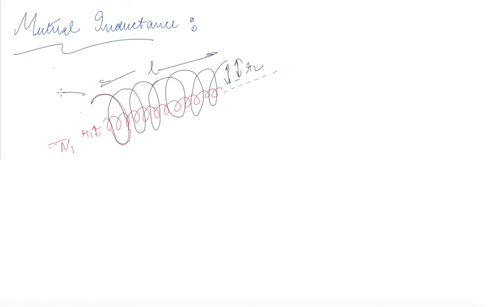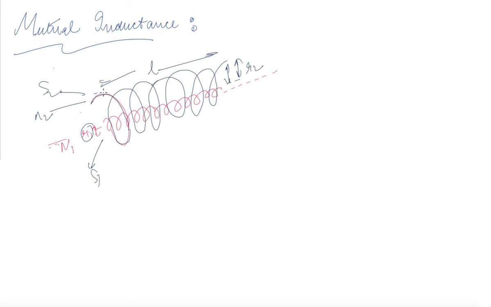This is the outer solenoid S2 and this is the inner solenoid S1. So the number of turns over here is N2, and for the inner solenoid the number of turns is N1 and the radius is R1. So we have established this particular situation.